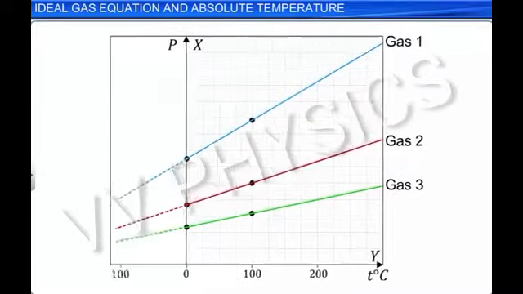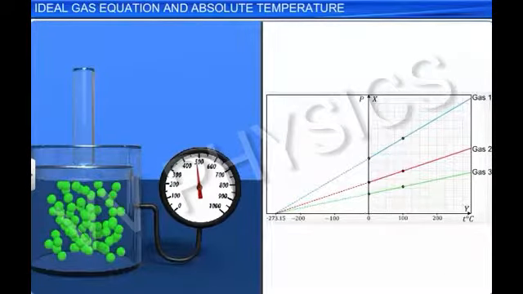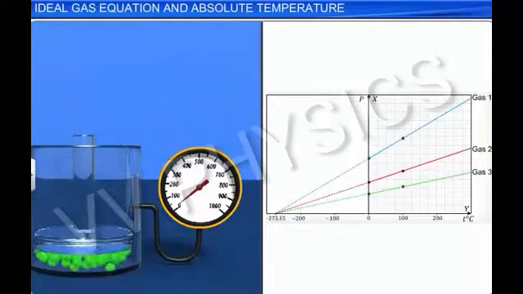When extended towards negative temperatures, all these straight lines meet at a point represented by the temperature minus 273.15 degrees centigrade. That means, at temperature minus 273.15 degrees centigrade, if the gas is still in the same state, its pressure reduces to zero.